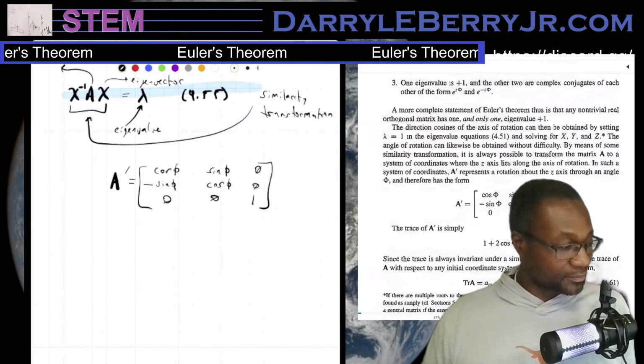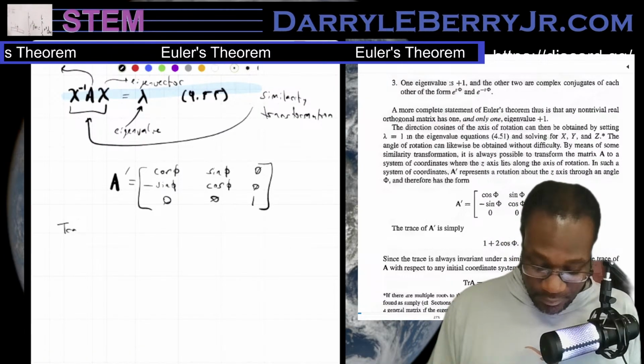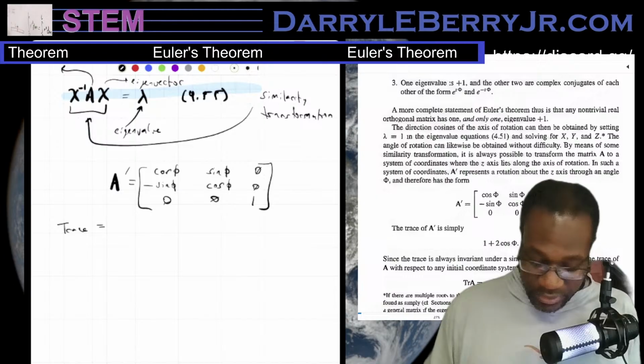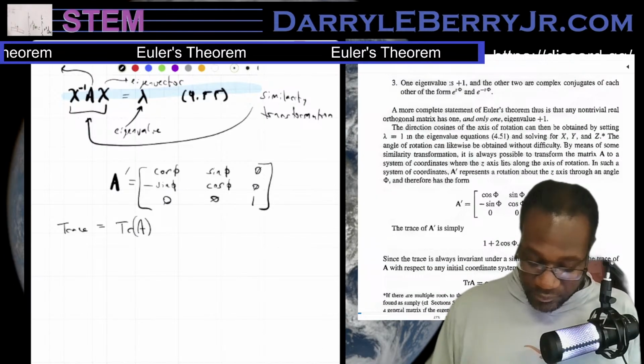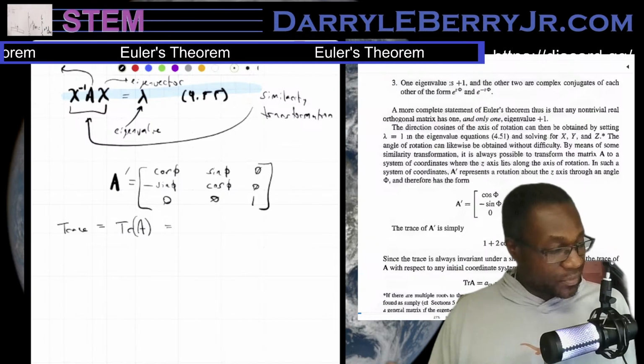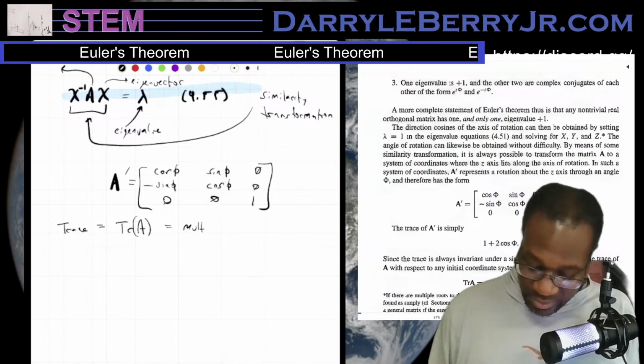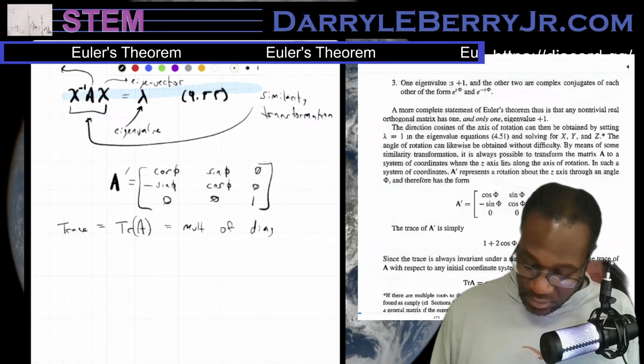They're cool. Now, the trace, which is the TR of a matrix, is going to be the multiplication of the diagonal. So the trace, I'll write that, multiplication of diagonal.